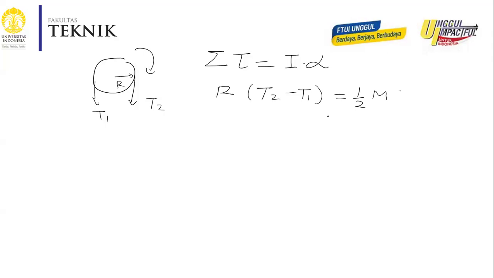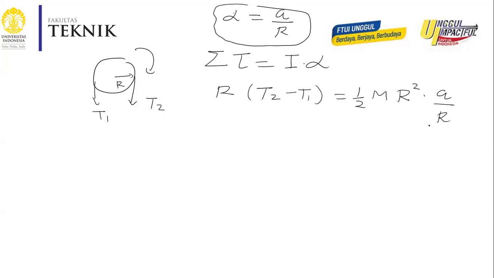And then we need the relation of alpha: angular acceleration is linear acceleration divided by radius. So we put alpha as A divided by R. Because we have R and R, we can cancel the radius.